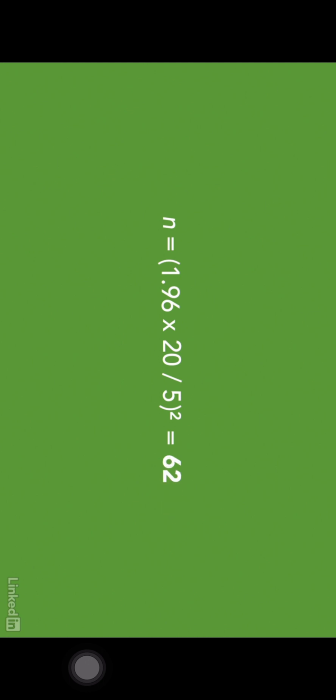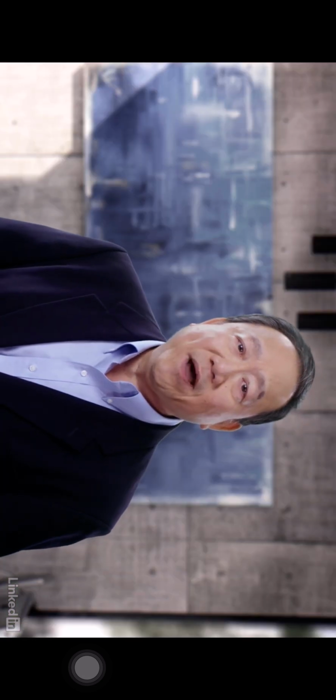Always round up to ensure we achieve the 95% confidence level. So that gives us a required sample size of 62. Now, what if the standard deviation of the process is not known? Then you can estimate from historical data, or if none is available, collect a small sample to get an estimate of the standard deviation.